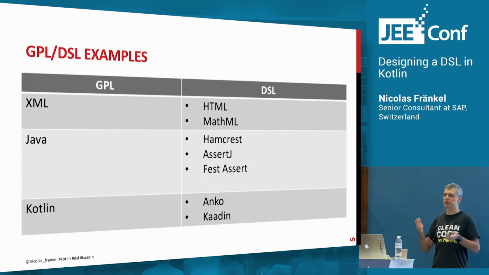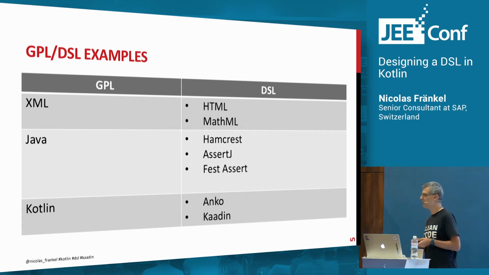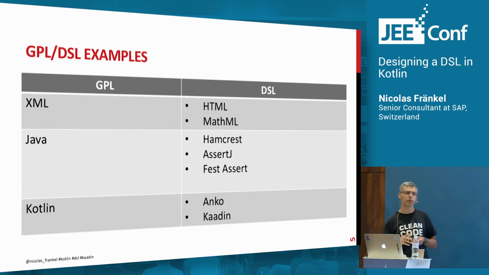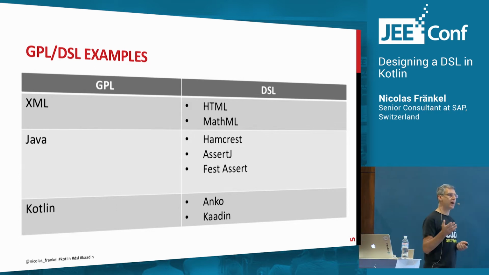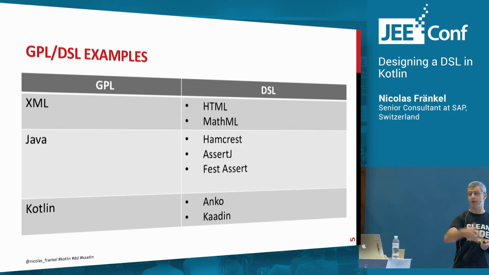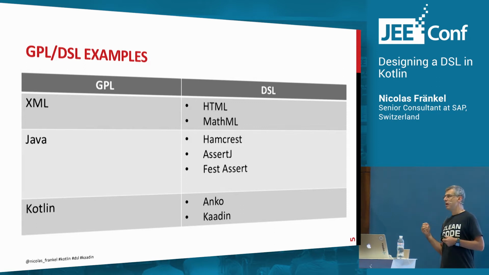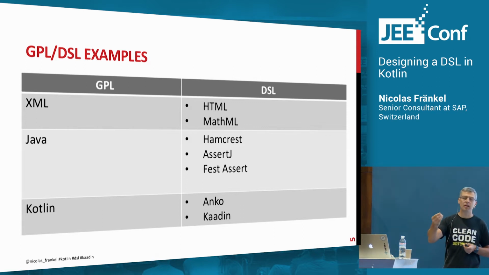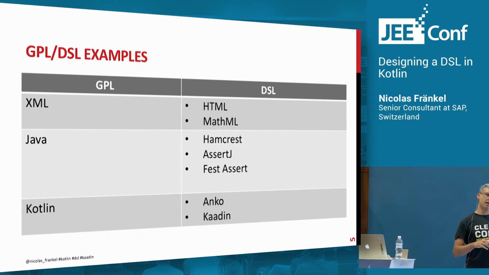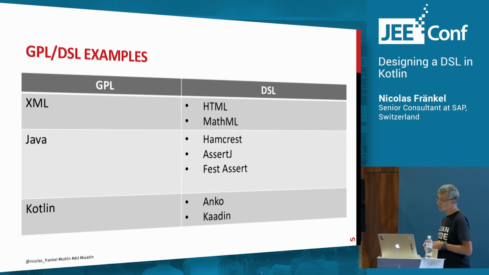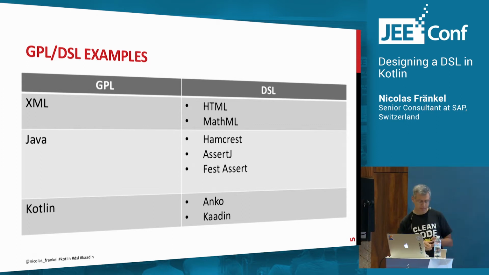It's not that hard, but it requires a lot of boilerplate, and Anko makes it super easy to do the binding, but you can also completely replace the XML with Anko. So basically, you have the feel of a declarative language, but it's still a language, so you can still do stuff that you cannot do in XML. And there is Kaadin.